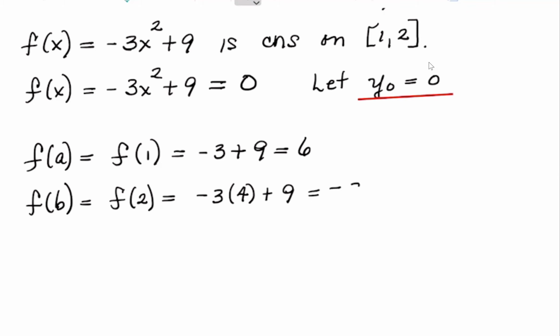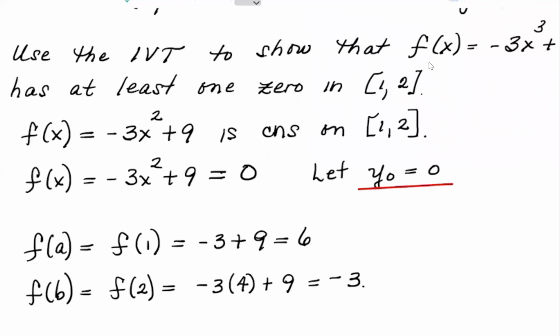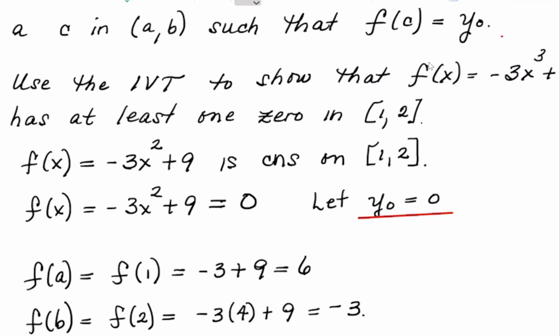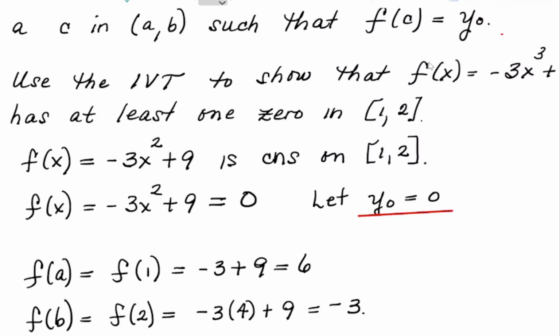Okay. Typo, f of x is minus 3x squared plus 9. So f of 2 is minus 3 times 4, which is 12. And then negative 12 plus 9 is negative 3.